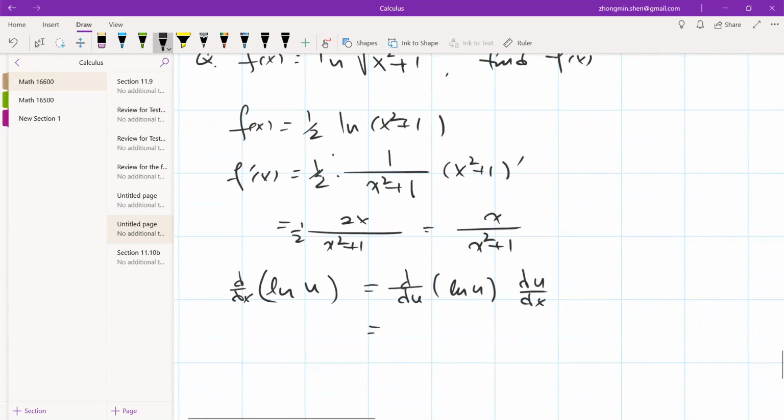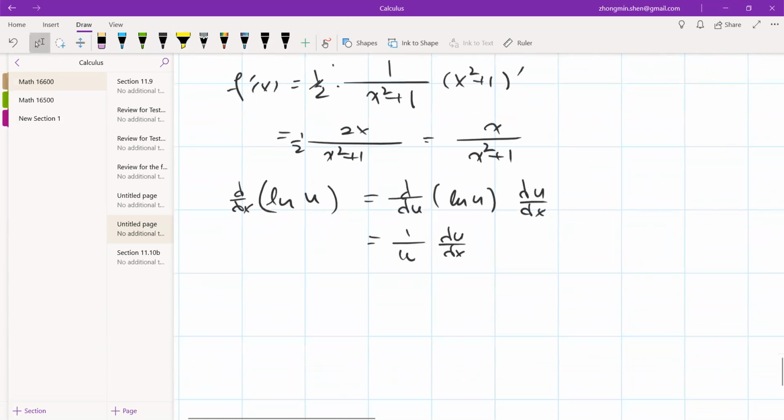Then they match, then you can have, say, 1 over u dx.